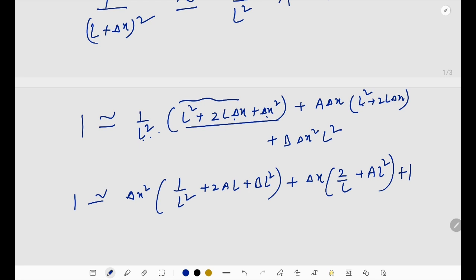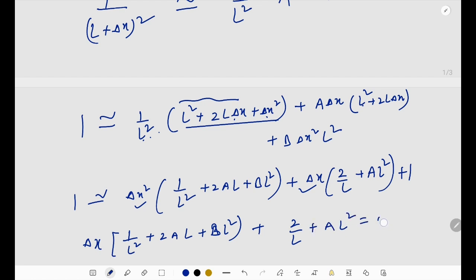So the next thing you would like to write is to take delta x common from both expressions, and you can write here delta x multiplied by 1 by L square plus 2AL plus BL square plus 2 upon L plus AL square is equal to 0.